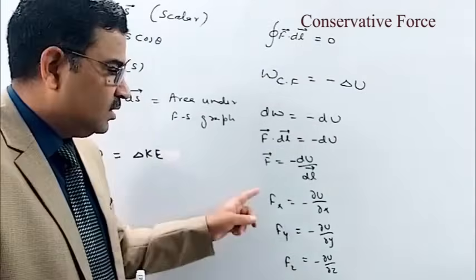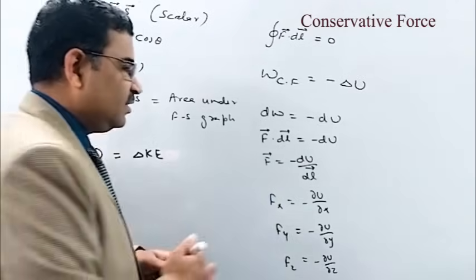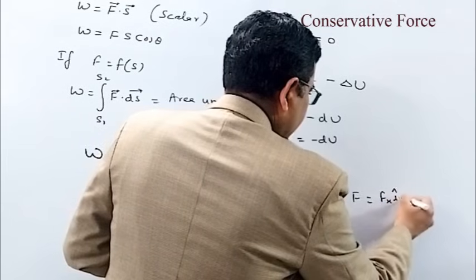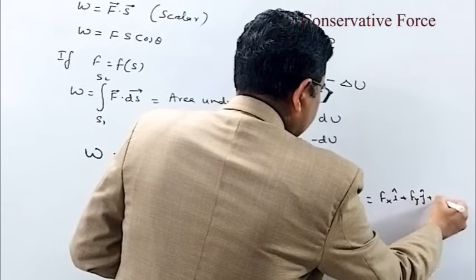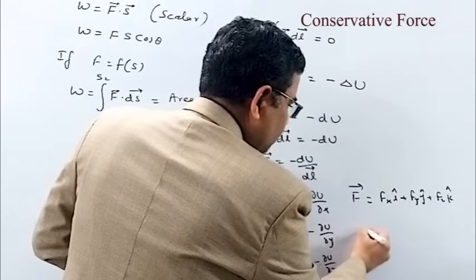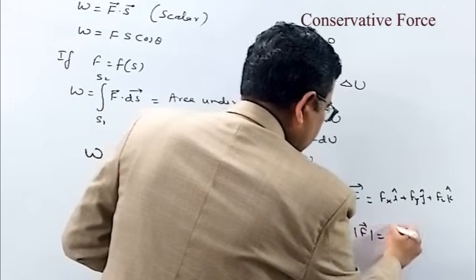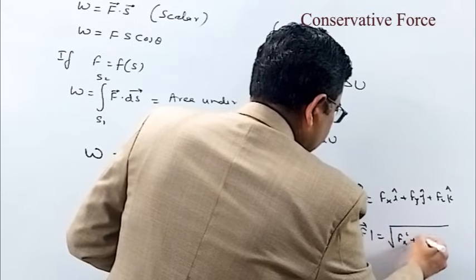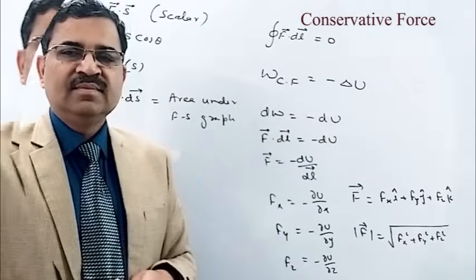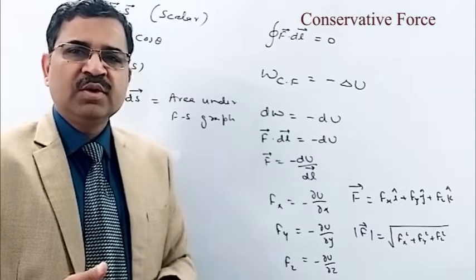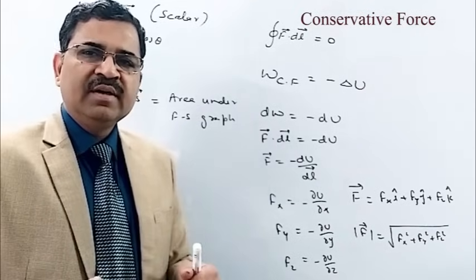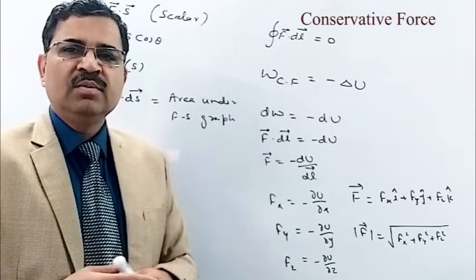So if all the three components of forces are present, then the net force acting on the body can be written as fx i plus fy j plus fz k, and the magnitude of this force will be F is equal to under root of fx square plus fy square plus fz square. This means if you know the function of the potential energy or the relation of the potential energy with respect to position, you can find the value of the conservative force acting on the bodies.